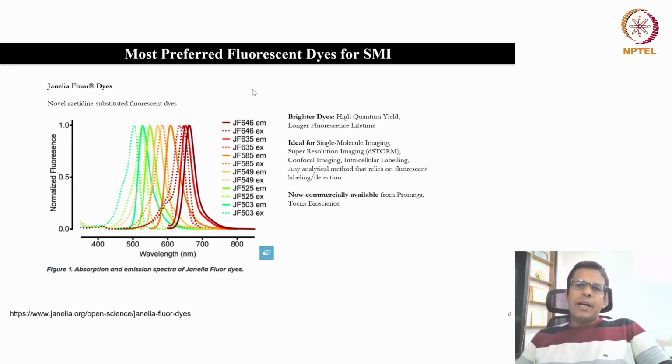The fluorescent dyes that are generally used for single molecule imaging and tracking applications are known as the Janelia Fluor dyes. Just like the Alexa Fluor dyes, this is a brand name, known as the Janelia Fluor dyes. And just like the other dyes, they are also available in multiple different colors. So you have to select the color based on the availability of the lasers and fluorescence filters in your microscope.